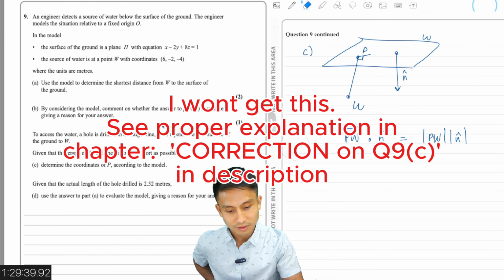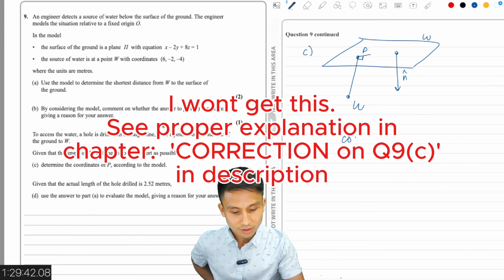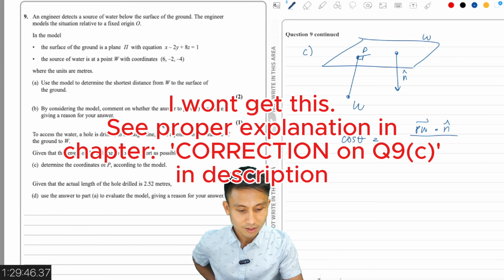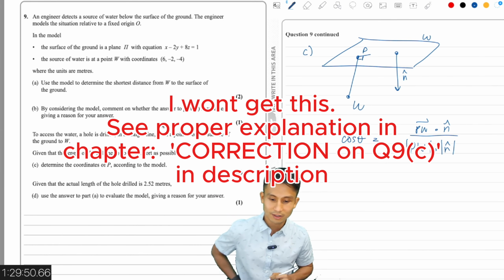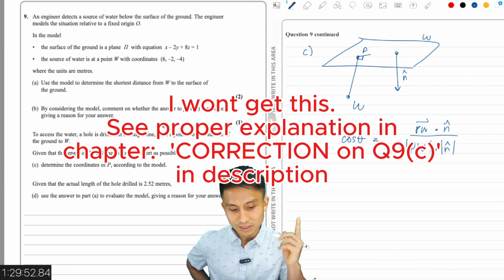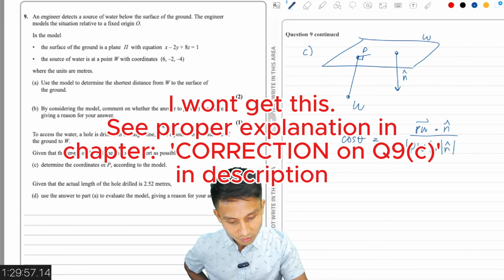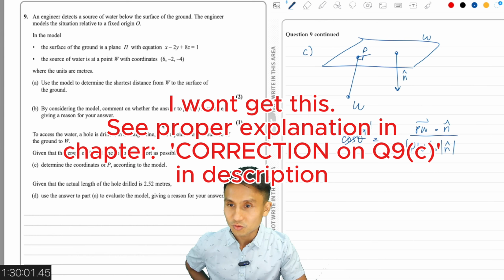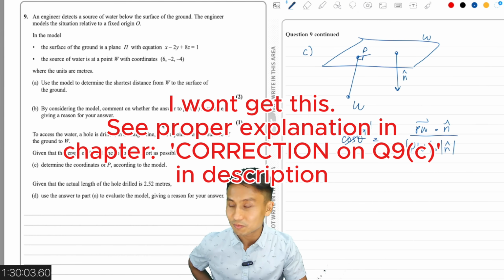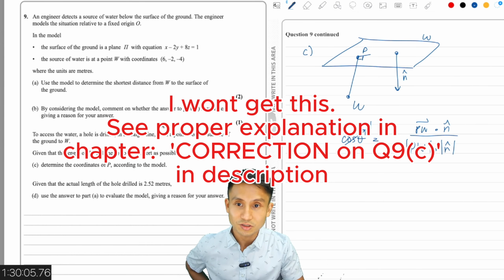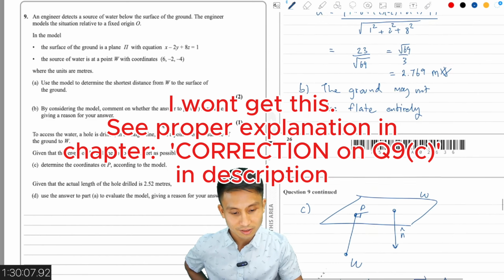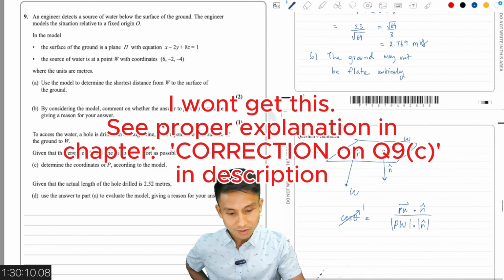So I'm just going to write that again. cos theta equals PW dot normal vector divided by modulus PW modulus N. And because theta is 0, because both of them are perpendicular to the plane, so they're parallel, that goes to 1, right? That means absolute PW, we already know the distance between P and W is, what was it again? Root 69 over 3.